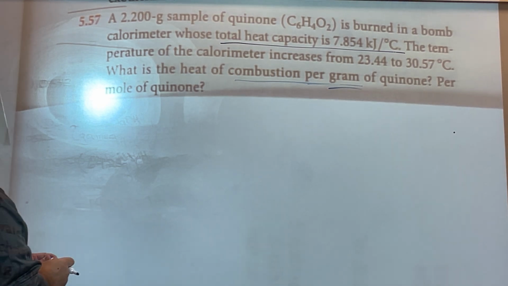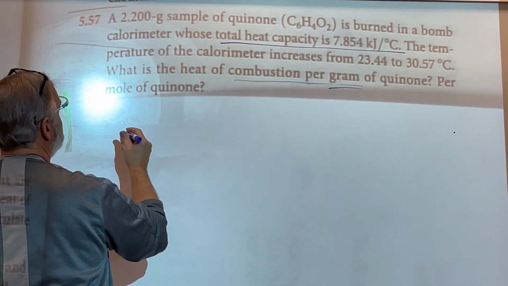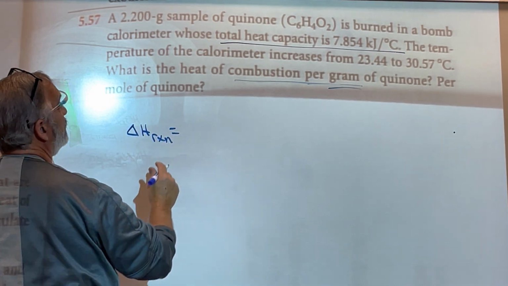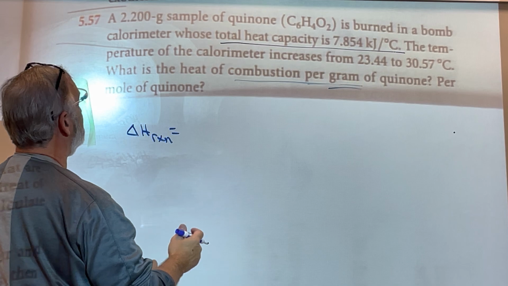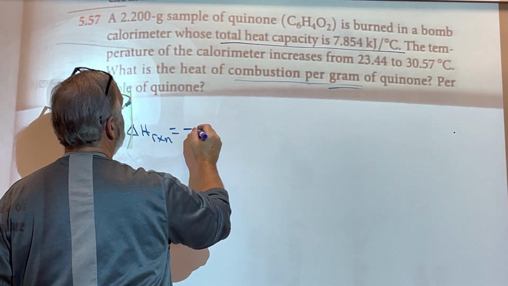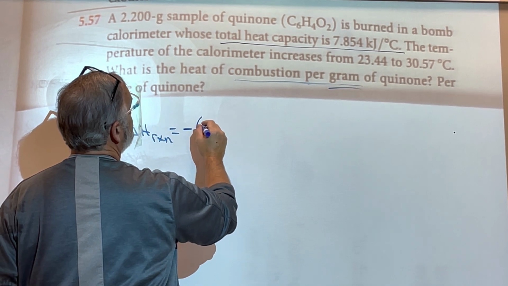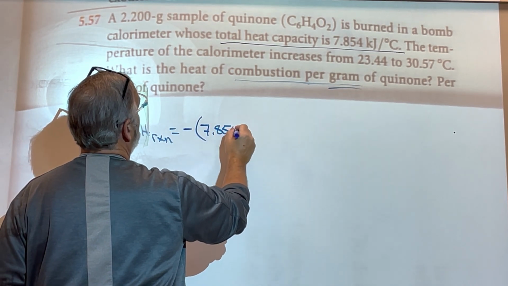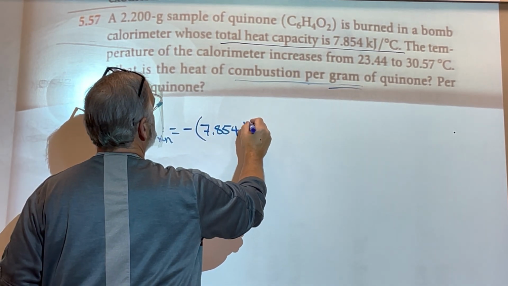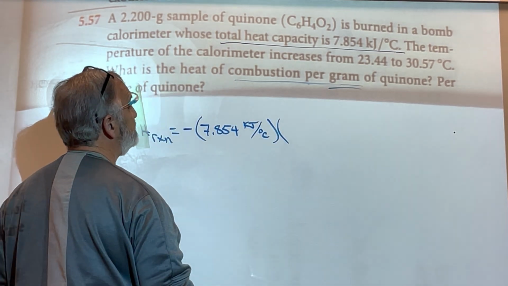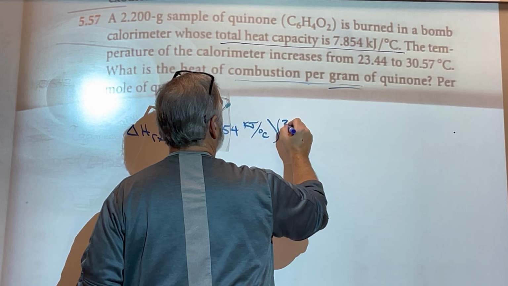So, I start with delta H of the reaction. This is a calorimeter, but it's going to equal the negative times the 7.854 kilojoules per degree Celsius times my change in temperature, 30.57.